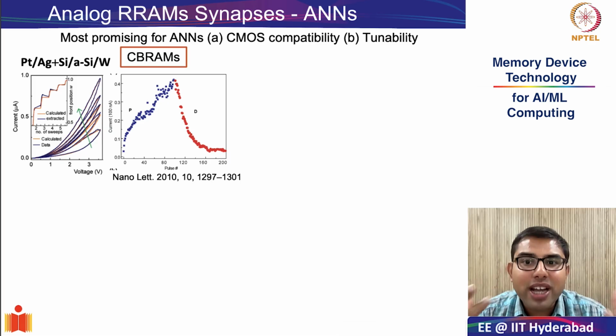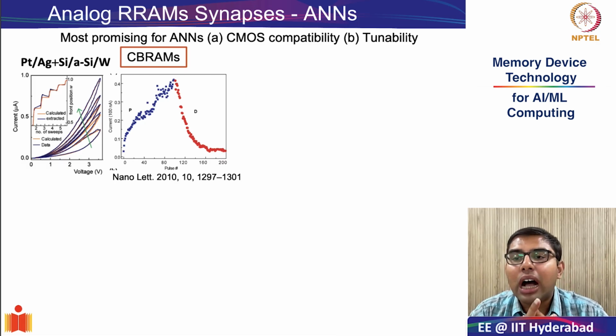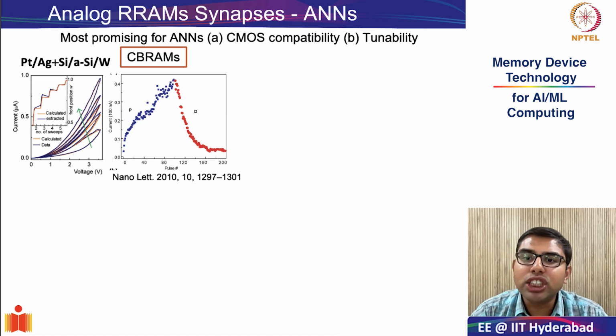And I would admit that amongst all the emerging NVM technologies, my belief is that RRAMs are inherently the most versatile and promising candidates for analog synapse implementations, as you will see when we study our last module.